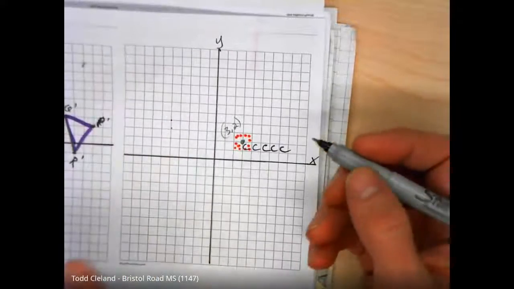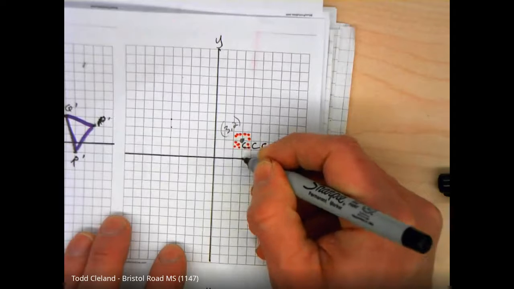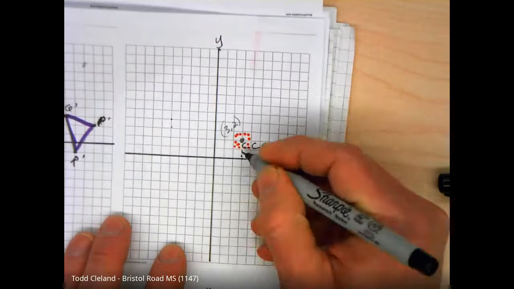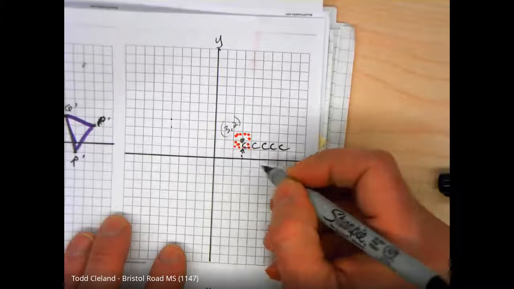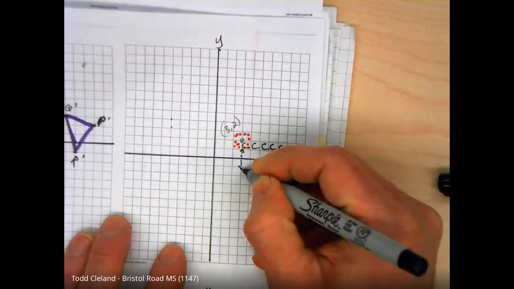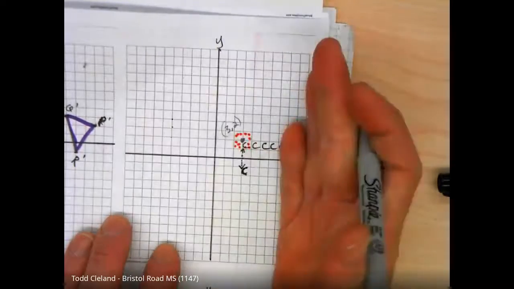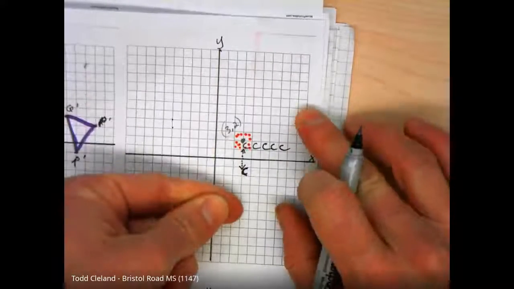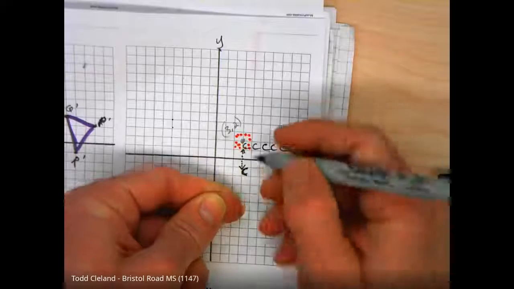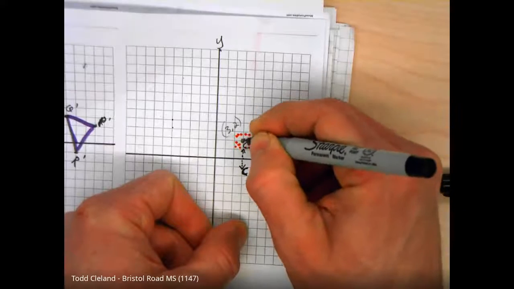But in a practical sense, reflecting across the x-axis, you just know that it is the same distance away from the x-axis. So if it's 1 away from the x-axis here, then if I reflect across that, it will remain 1 away from that same axis, and it won't have any change in terms of its x coordinate, but the y coordinate will be inverted, right? So let's take this point right here.